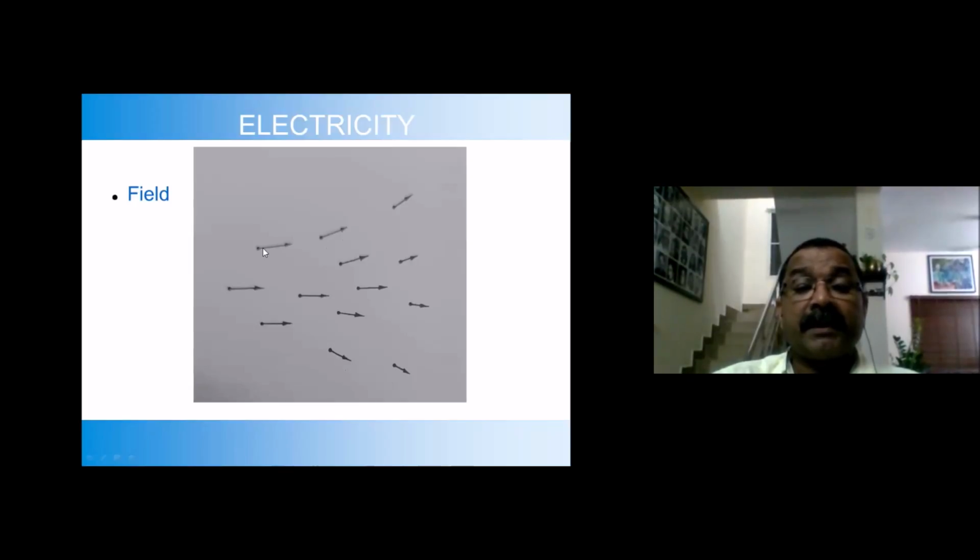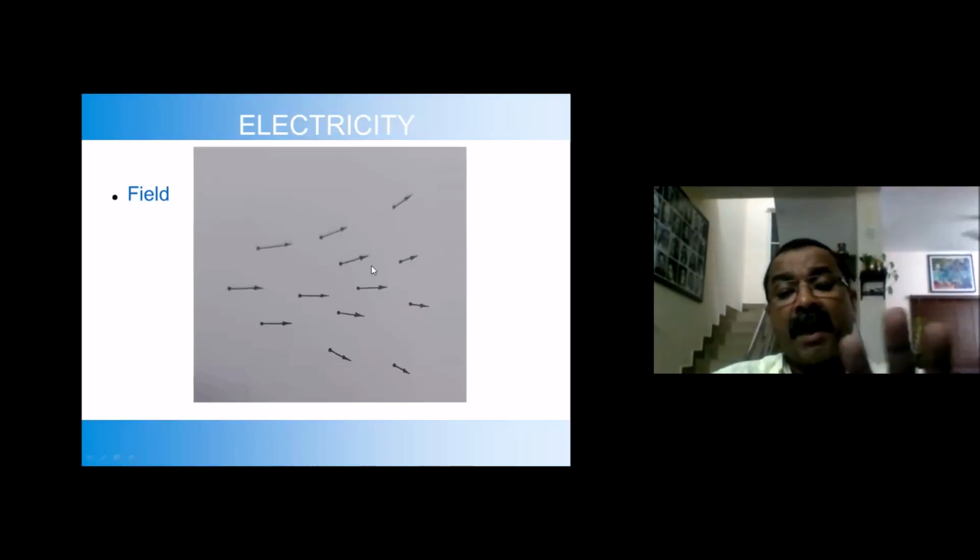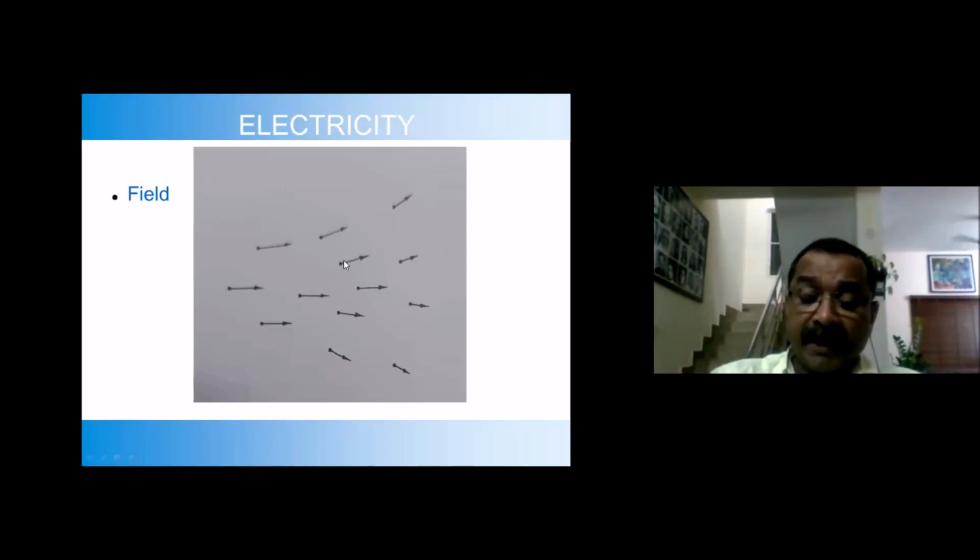You can see that this line is a little bit lengthier than this field line. If we represent a field this way, we get an idea about the intensity of the field in that area. So this is one way of representing a field.